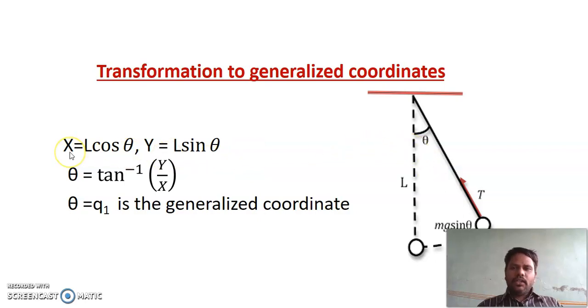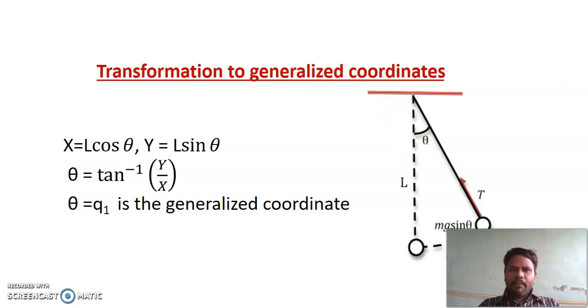So the old set of Cartesian coordinates is converted to a new set of polar coordinates. The relationship between the old set of coordinates and the new set is compatible with the constraint of motion. This transformation from the old coordinates to new coordinates gives the generalized coordinates.